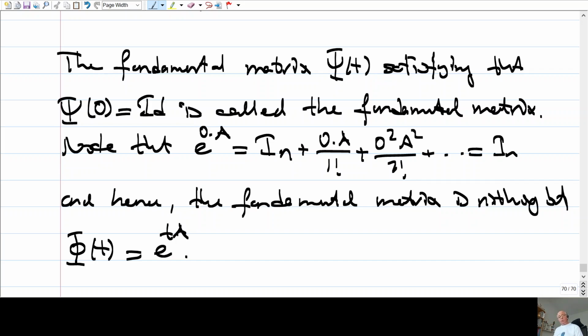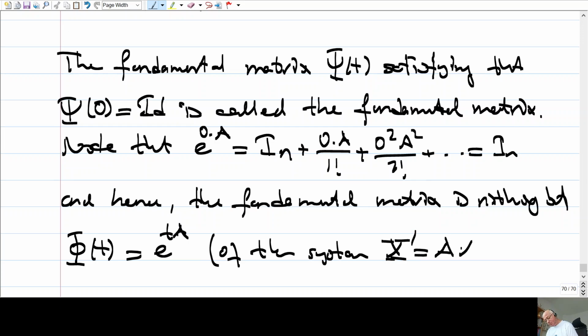Okay, so this matrix is called the fundamental matrix of the system, the constant coefficient system.